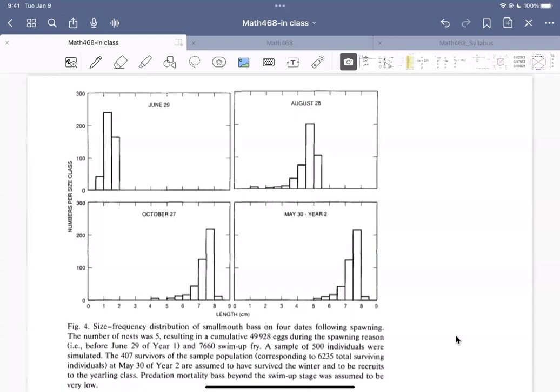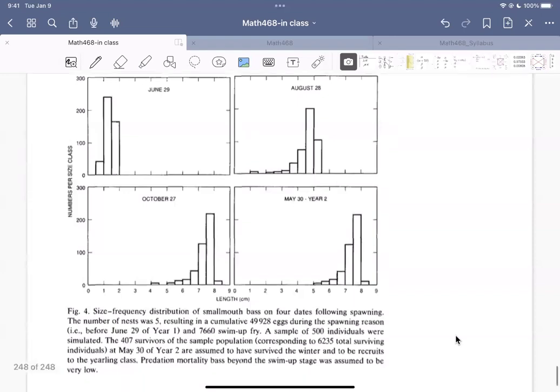They wanted to make sure that if they gave it the true temperature profile, they could put in parameters that would create the realistic length distribution, because they care about the length of the fish throughout the year. And so you can see that the length gets longer and longer throughout the year. You start over here in June, and by May of the next year, you have a much heavier distribution of fish.